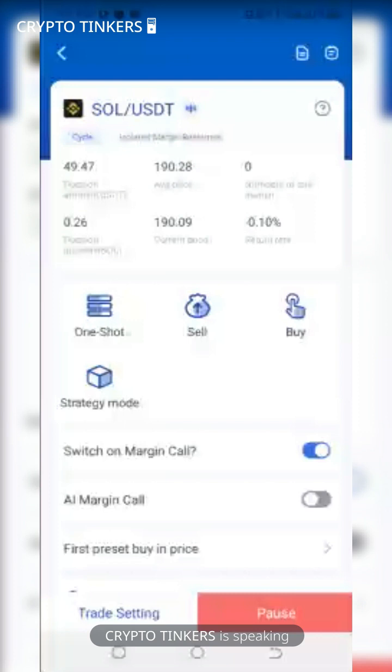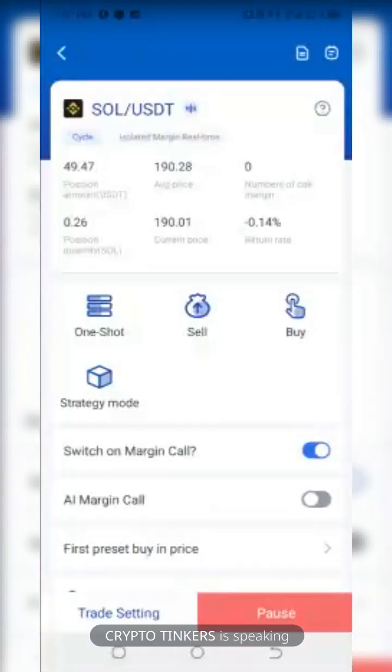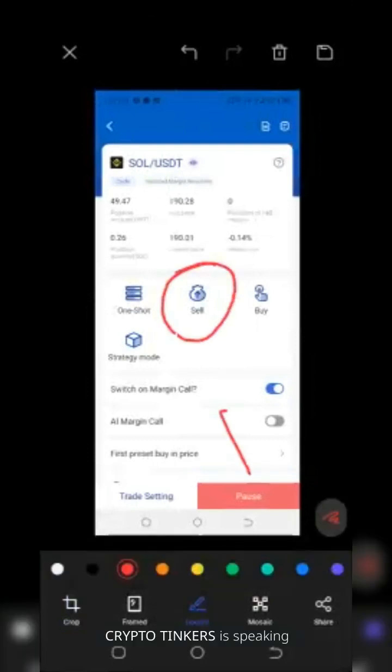And then it has bought. You go to the sell option of the Royal Q.